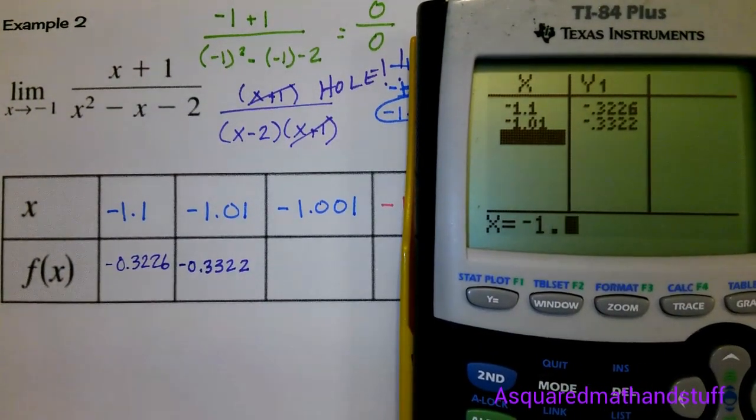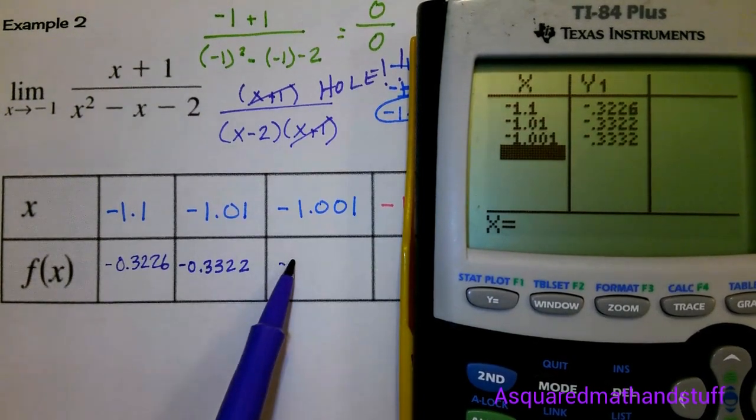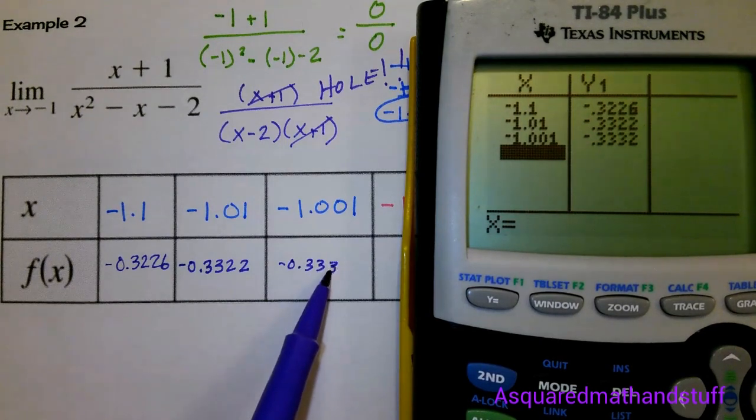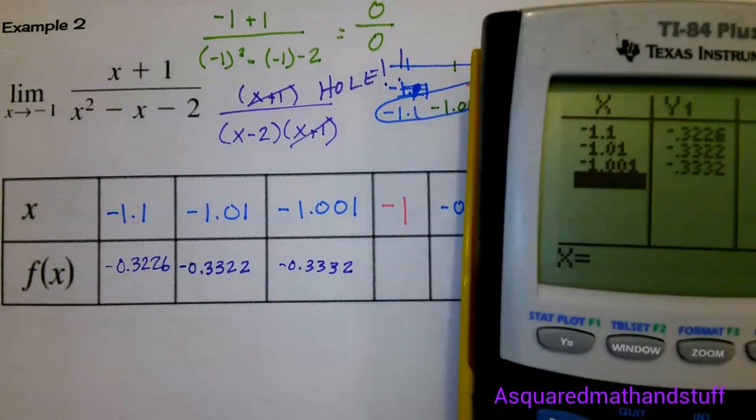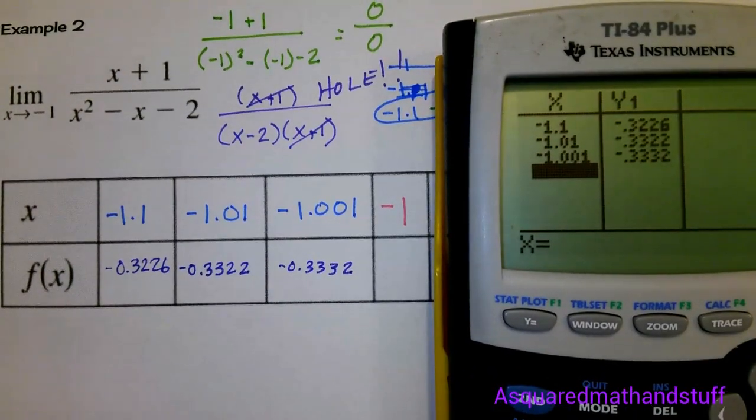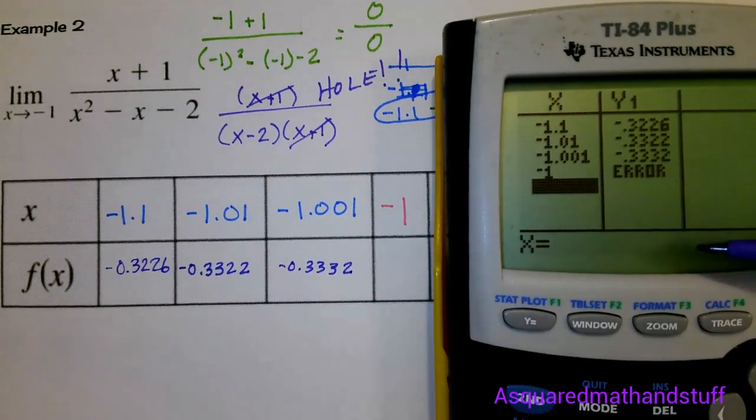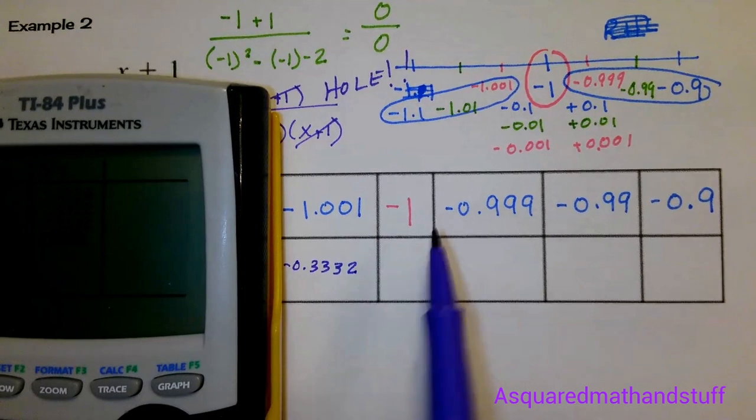Negative 1.001, we get negative 0.3332. If you want to try, you can plug in negative 1, and you'll see we get an error. So we don't actually have a number, and that makes sense because we calculated that there's a hole at negative 1. So that's our question mark.